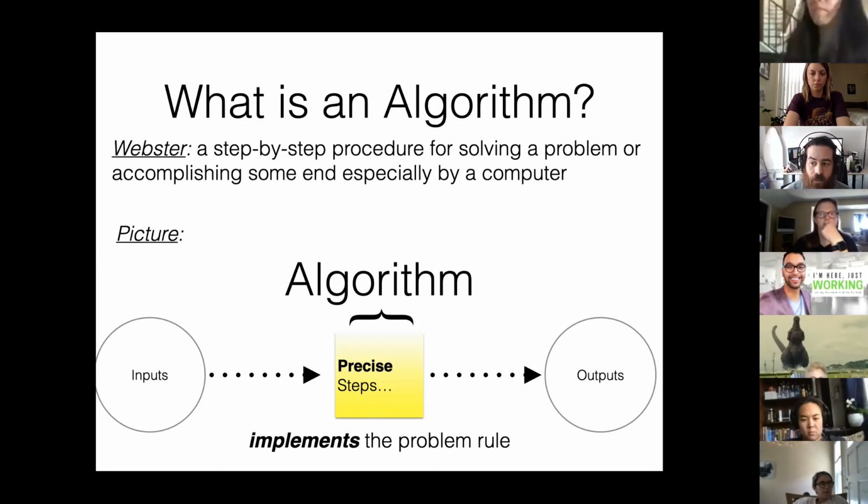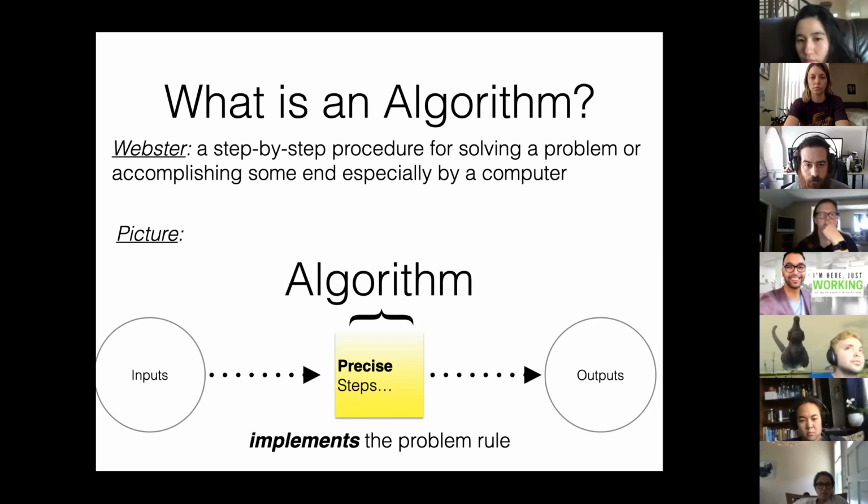You could do that in English if you're careful enough to specify exactly what you mean with each step. You could also do it with mathematics or even a diagram, right? Algorithms transcend programming languages. They're the precise specification of steps themselves, not necessarily the code that executes that specification.